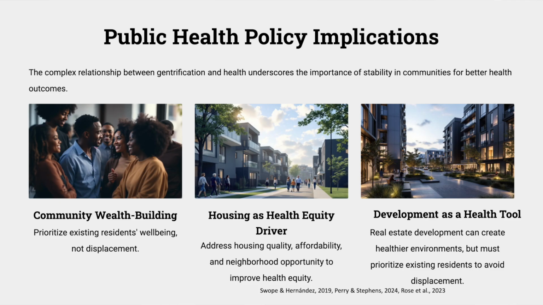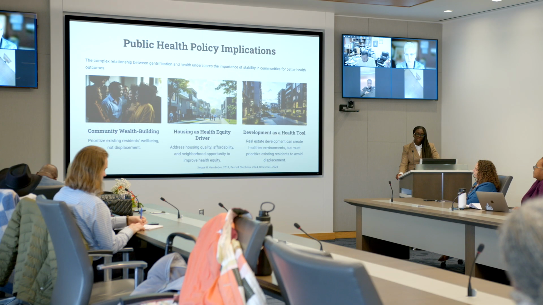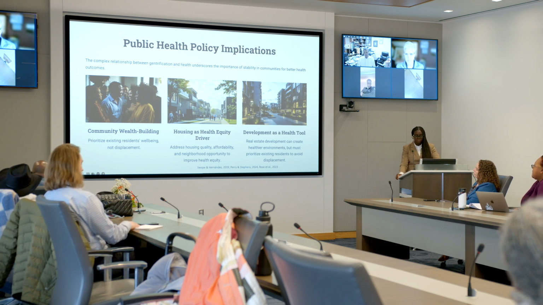The findings from this research have several important policy implications for society. Community wealth building: a public health intervention should strengthen community wealth, ensuring that residents benefit from urban redevelopment without being displaced if they do not want to be displaced and or move from their community. This can be achieved through initiatives such as community land trusts, tenant protections, and affordable housing programs.